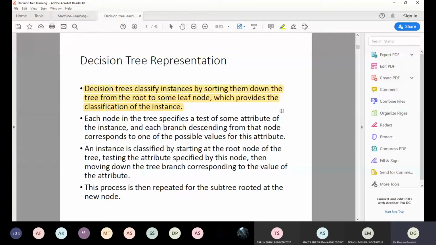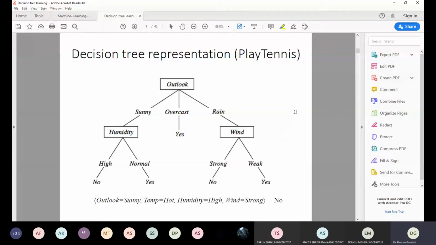If I am going to represent this with an example, this is the root node, outlook. This is the decision tree representation, a decision tree in which the root node is outlook. If the outlook is sunny, then down the tree we find the next parameter, the humidity.